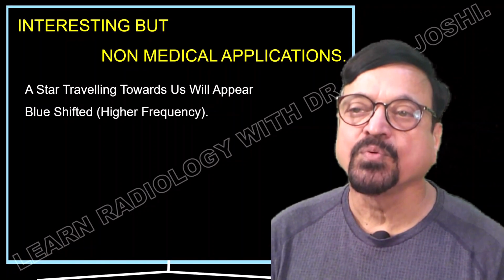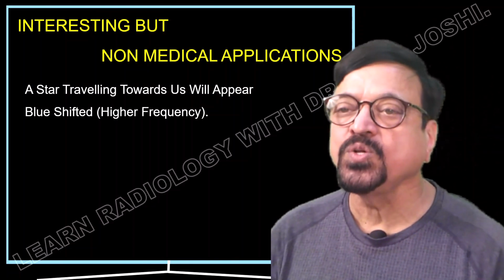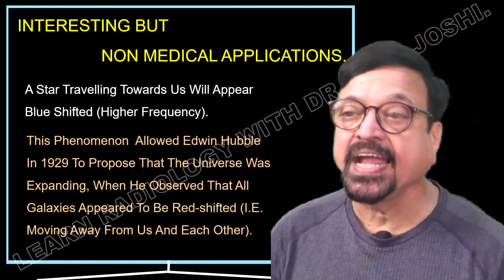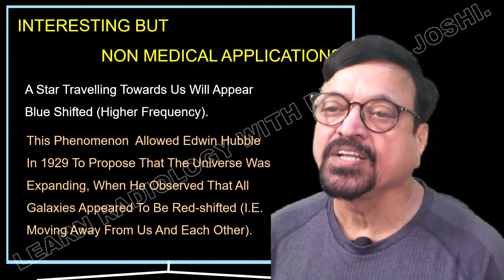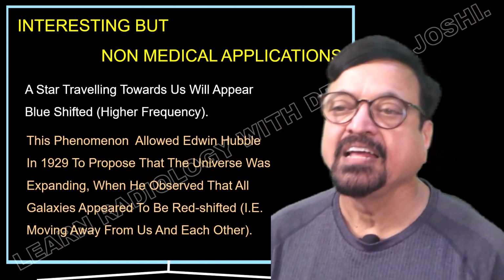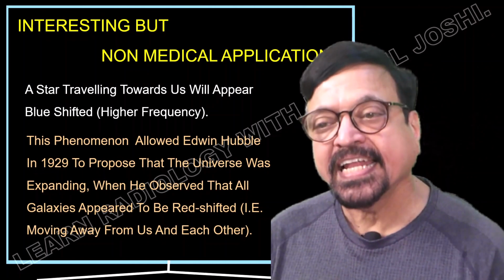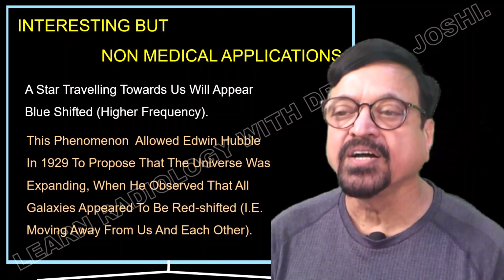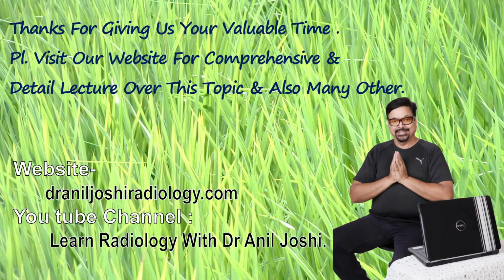A star traveling towards us will appear blue shifted, that is of high frequency. This phenomenon allowed Edwin Hubble in 1929 to propose that the universe was expanding when he observed that all the galaxies appear to be red shifted, that is moving away from us and also away from each other.